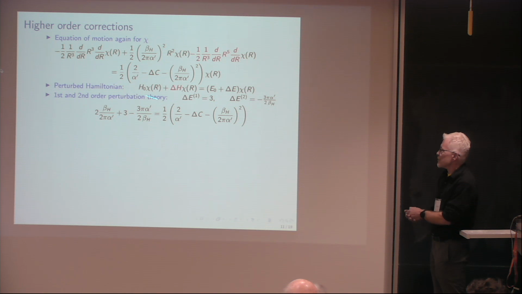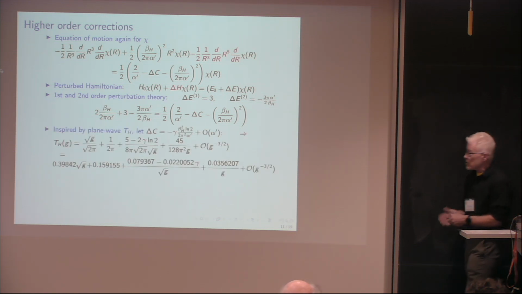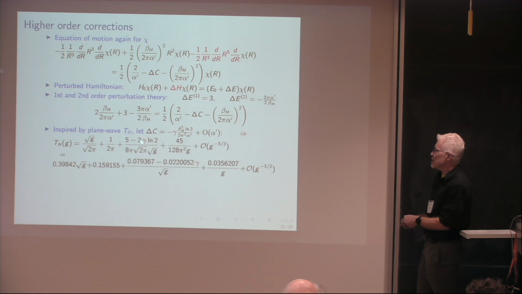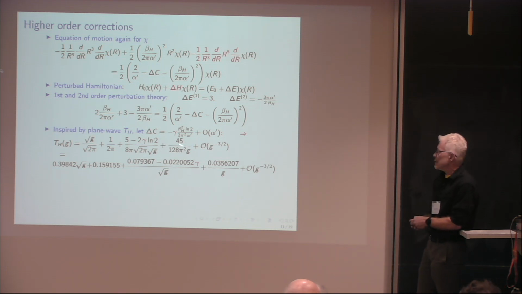So on the left-hand side, this is the term I would get, but this would be the energy. And we should set this term over here, but now with a correction for this 0-point shift. So how do you get this correction? Well, we started by taking inspiration from the plane wave result. The Hagedorn temperature was computed for the plane wave in 2003.